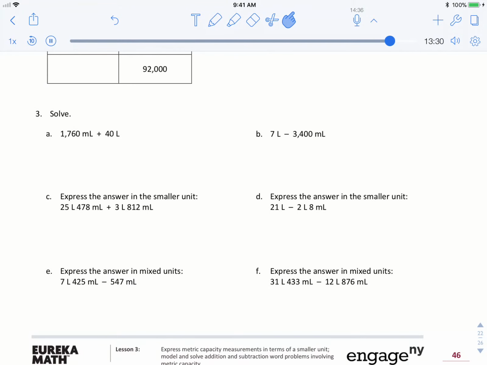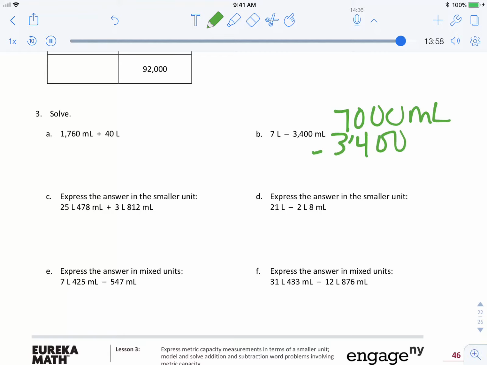Now, on 3B, I have 7 liters minus 3,400 milliliters. Well, I'm subtracting 2 different units. I could set them up the way I set them up yesterday, or I could just start by saying 7,000 milliliters minus 3,400 milliliters.